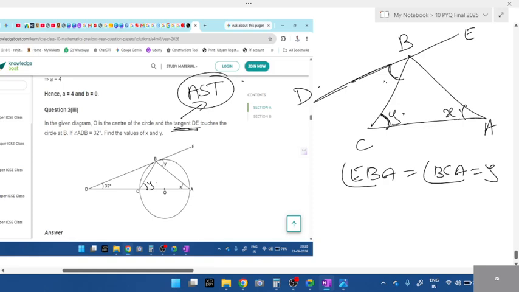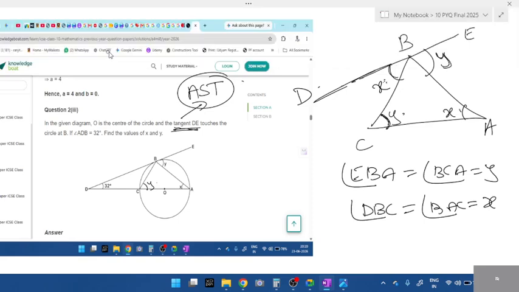If angle A value X is given, what about DBC? X, right? DBC is equal to angle BAC, that is equal to X. Both are alternate segment theorem. You can take that 90, that is what we need.